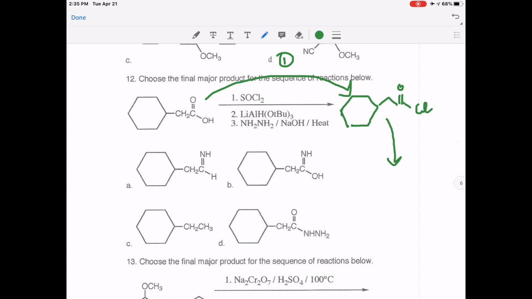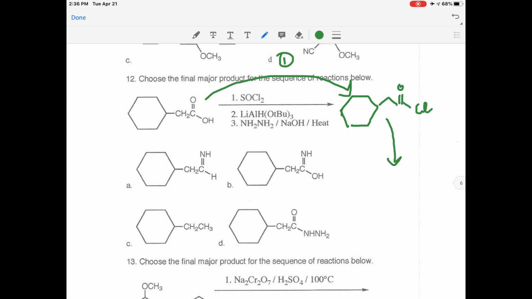Lithium aluminum hydride is probably one of the strongest, or the strongest, reducing agents that you will find, and this reagent actually is way tamer than lithium aluminum hydride. And it's known that especially if you react this reagent with an acid chloride, you get an aldehyde.